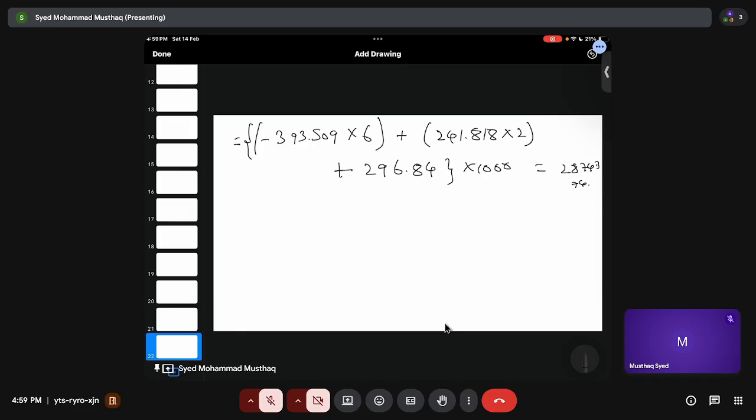This is in kilojoules. Once I convert calories to kilojoules, you will have some differences, but the differences will not be very large. It might be less than 1%. So either you can use this or you can use the formula above.